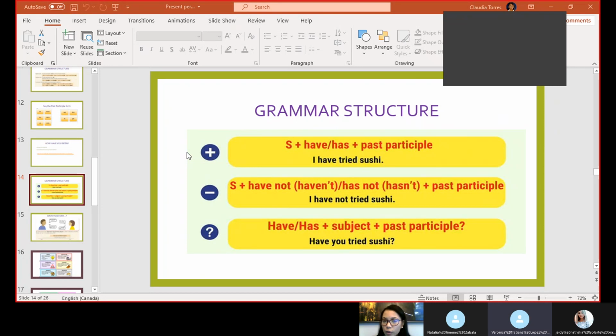In the affirmative ones, remember first the subject, then the auxiliary verb have or has, and then the past participle form of the main verb. Now, for the negative sentences, you only have to add not to the auxiliary verb have, right? So, have not or haven't, and has not or hasn't, and the past participle form of the main verb.